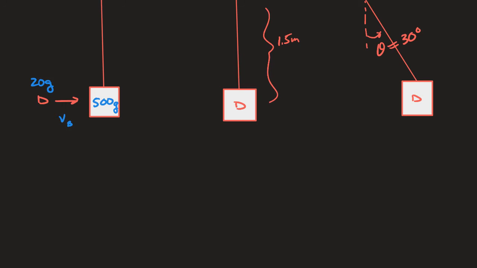But momentum is not conserved while the box is swinging upwards, because the box is being brought to rest by the force of gravity. So the velocity is changing. There's an external force on the system that's acting to take away velocity. So momentum is not conserved there.